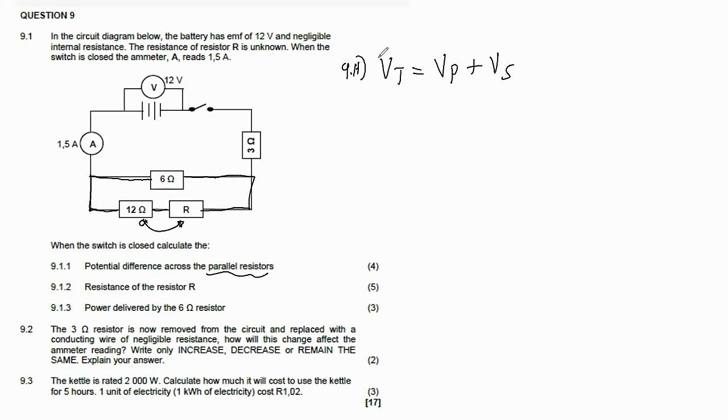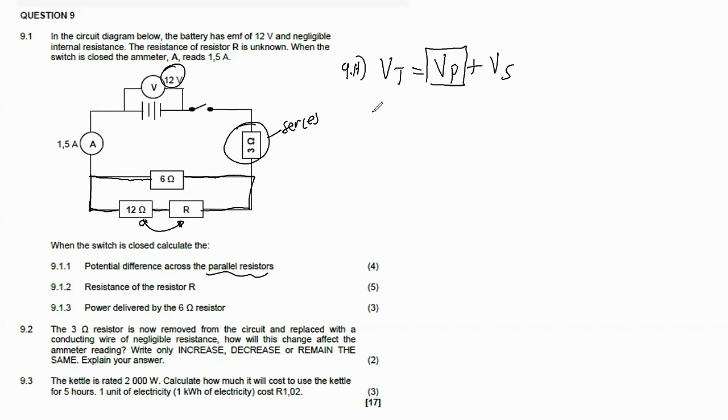We know the total voltage is 12, and there is a way to calculate the voltage in the series, since this 3 ohm resistor is connected in series. So if we calculate the voltage in the series and subtract it from the total voltage, we end up with the voltage parallel, right?